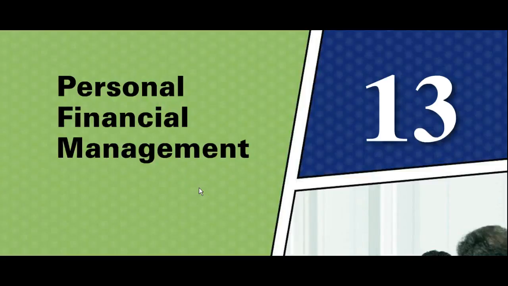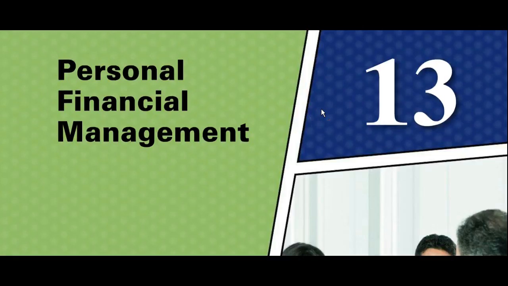As we do our last section in our Math 107 course, it will deal with Chapter 13, and I thought this chapter was really of particular interest, dealing with personal financial management.